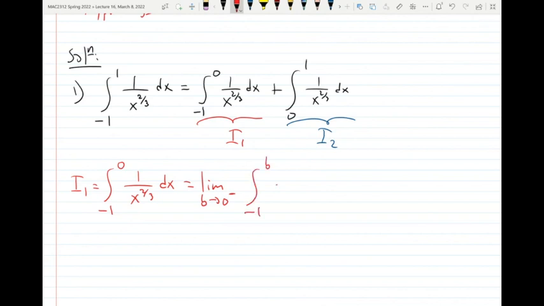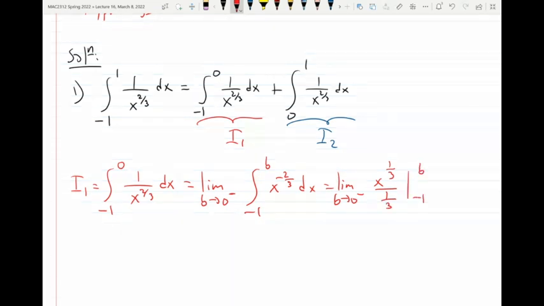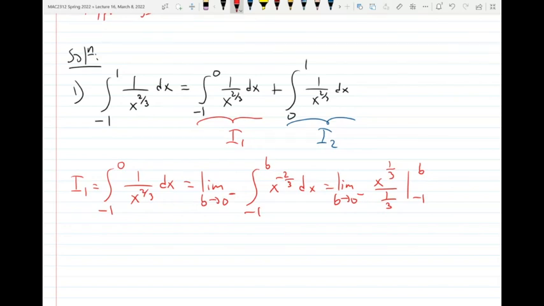From -1 to b, I'm going to write this as x to the -2/3, so that I can integrate immediately. So that's the limit as b approaches 0 from the left, and this will be 1 over negative 2/3 plus 1, that's 1/3, so 1 over 1/3, and we need to plug in from negative 1 to b.